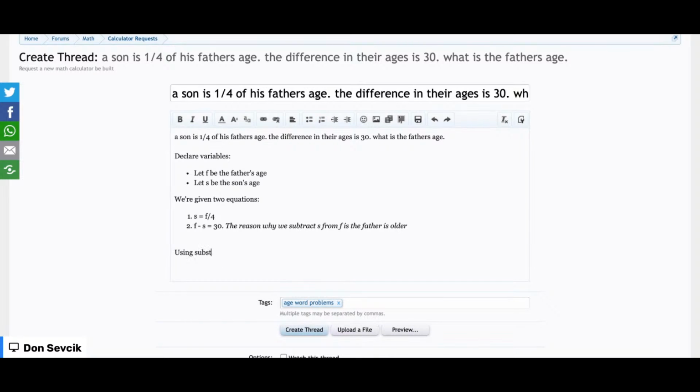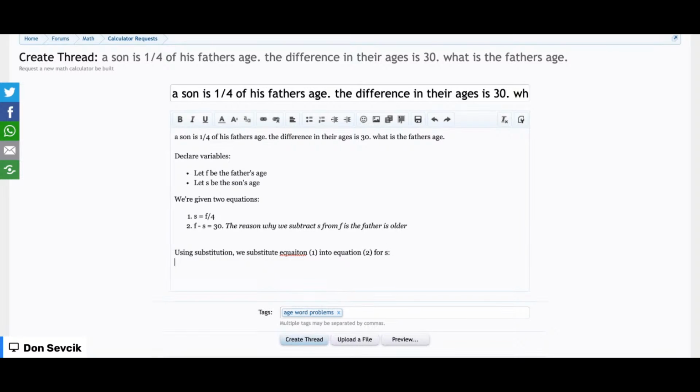All right. So using substitution, we substitute equation 1 into equation 2 for S. We have F minus, and then S is really just F over 4, F over 4 equals 30.